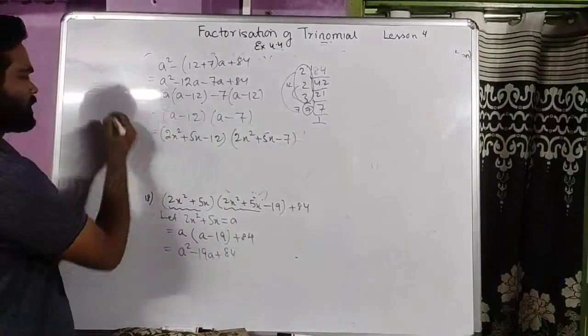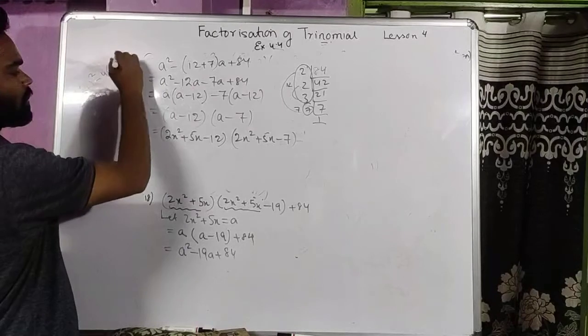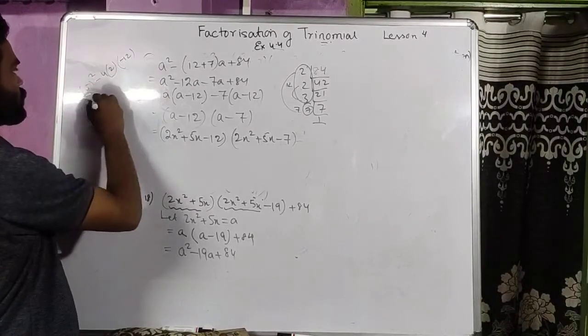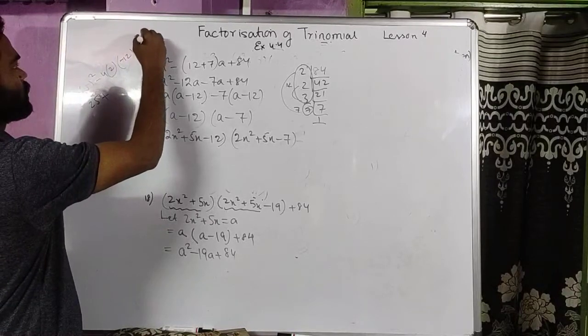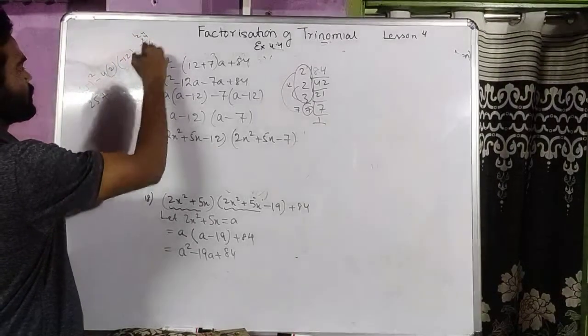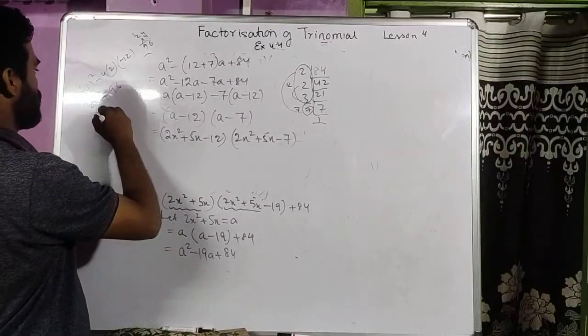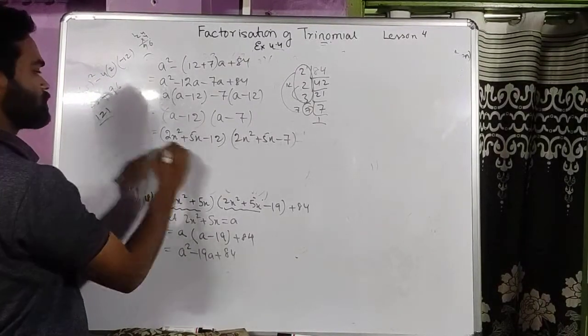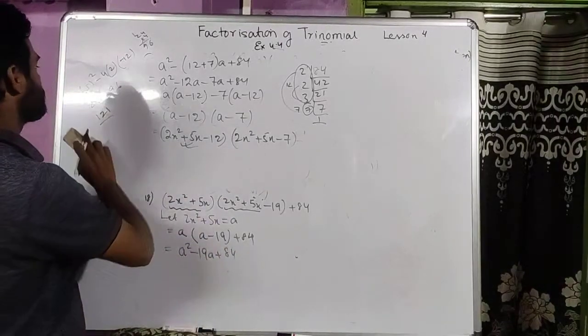We'll check it. b square minus 4ac becomes 25 plus 96, so that's 121. This is factorizable.